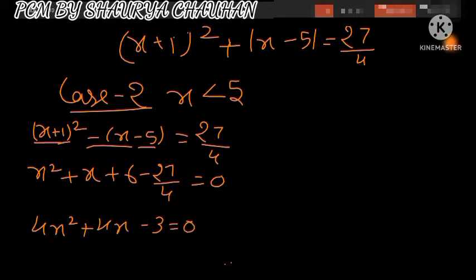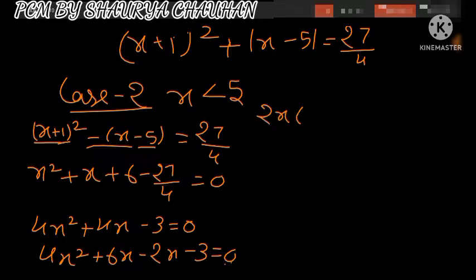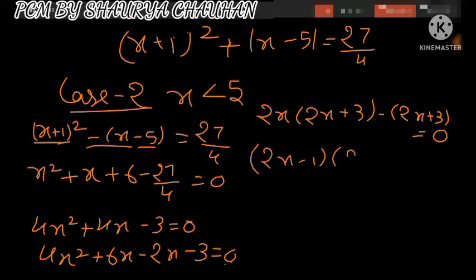So in this equation we can find the roots by splitting the middle term. So it will become 4x square plus 6x minus 2x minus 3 equals 0, and it will become 2x into (2x plus 3) minus (2x plus 3) equals 0, and it will become (2x minus 1) into (2x plus 3) equals 0.